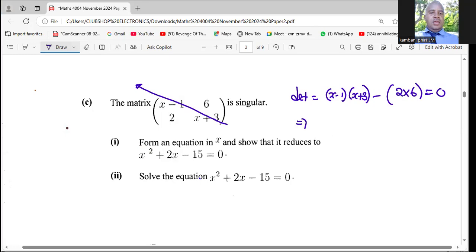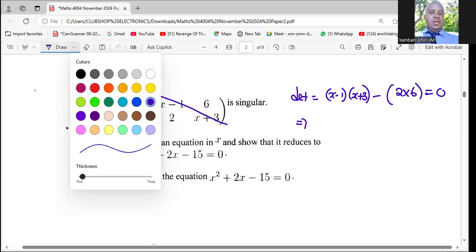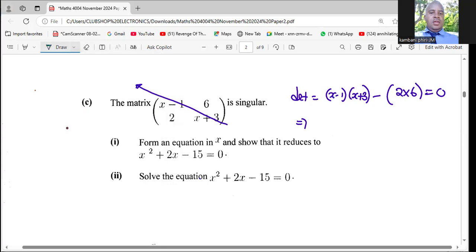So you can multiply. x by x, we get x squared. x by 3, we have 3x. Negative 1 by x, we have negative x. Negative 1 by 3 is minus 3. Here, minus 12, and the answer is equal to 0.